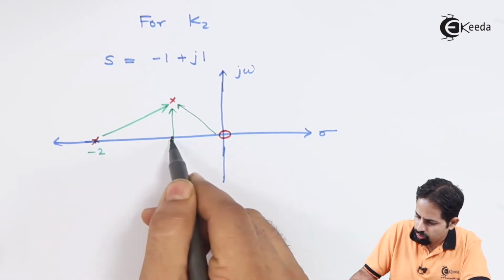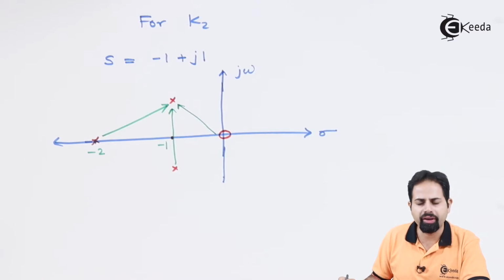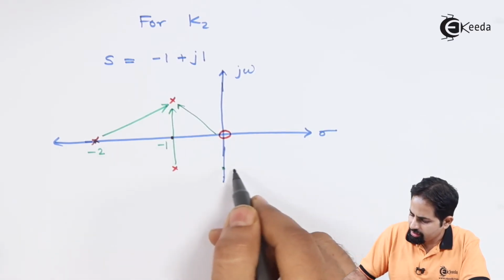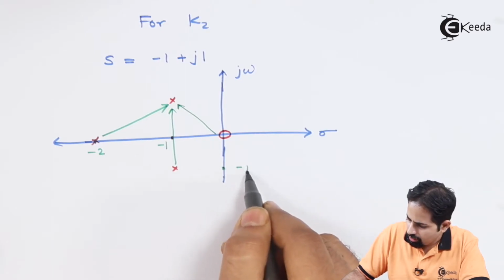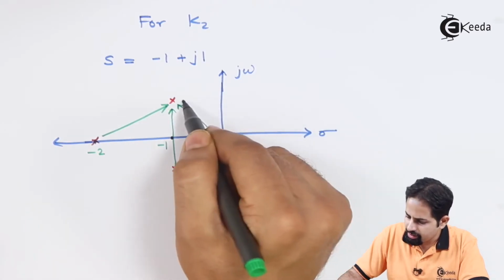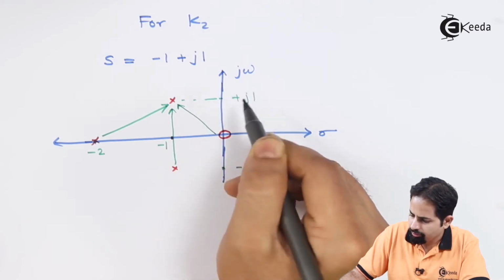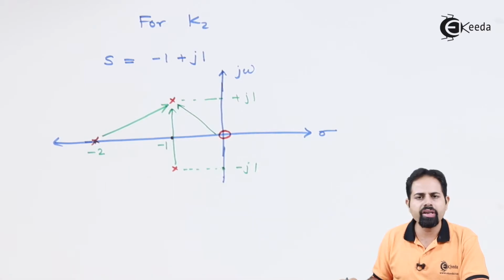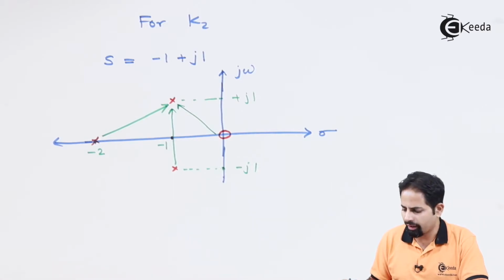This is minus 2. Approximately we are taking it as minus 1. Distances are approximate. This is minus j1 and this is plus j1. And now we can very easily calculate the length as well as angle.